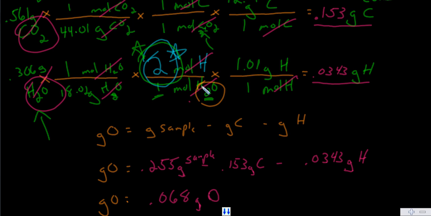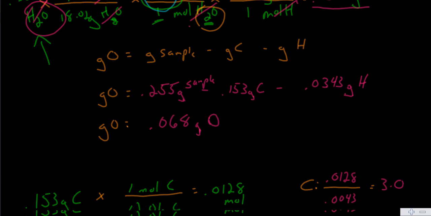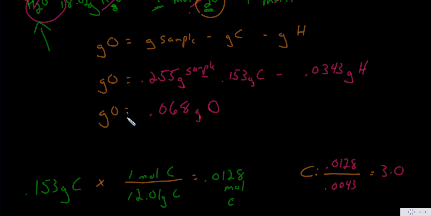Because, well, a water molecule has 2 hydrogens in it. This is a common mistake here. And then knowing the number of moles of hydrogen collected, you know the number of grams of hydrogen collected. And so knowing the number of grams of carbon and the number of grams of hydrogen, you can do that algebra and find the number of grams of oxygen.